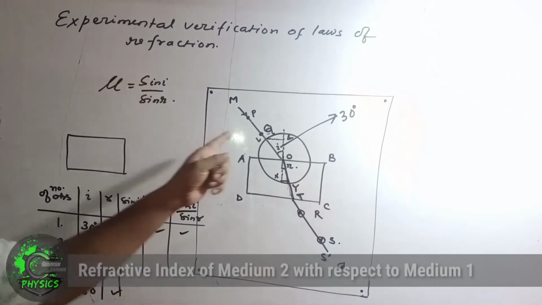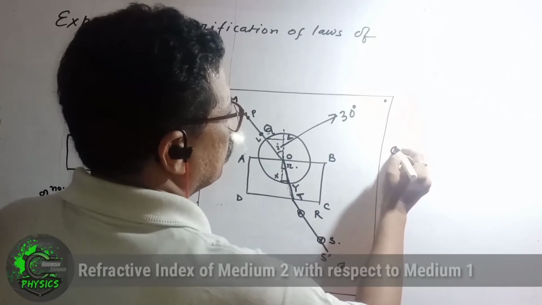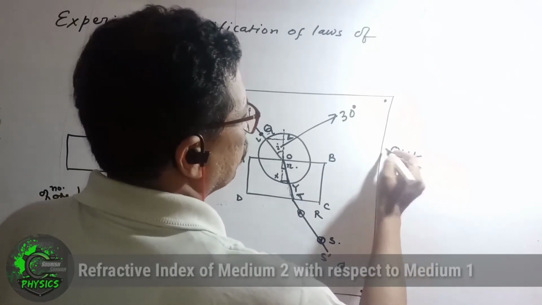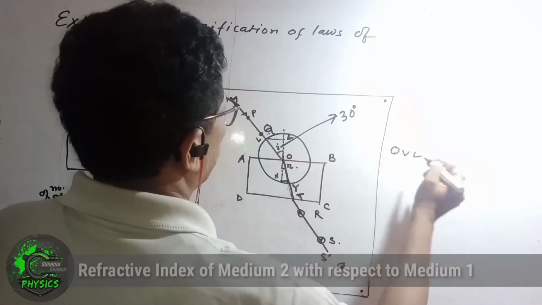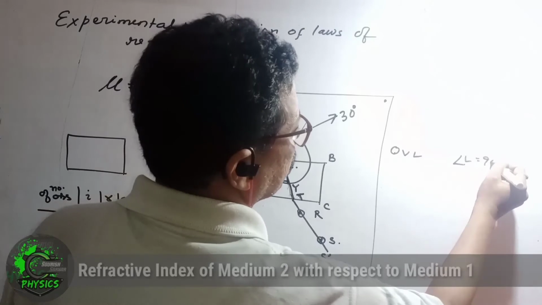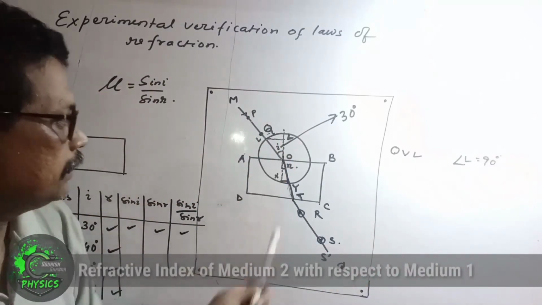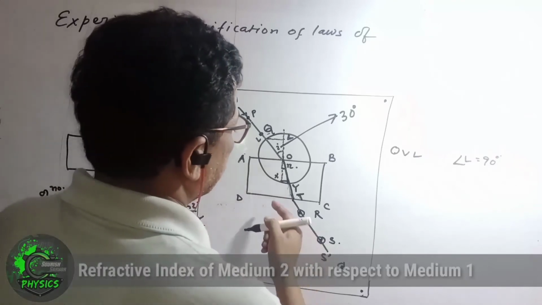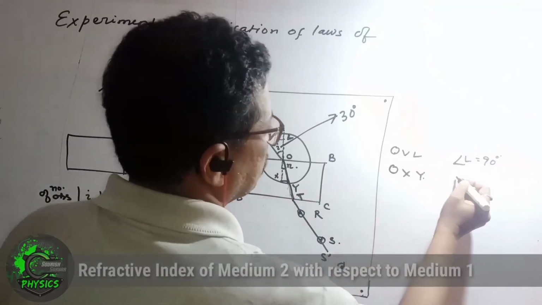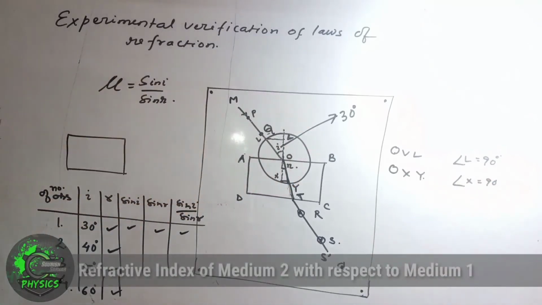So we have two right angle triangles. One is OVL, in which angle L equals 90 degrees. And another right angle triangle we are taking, that is OXY, and in this triangle, angle X equals 90 degrees. Is it clear to all of you?